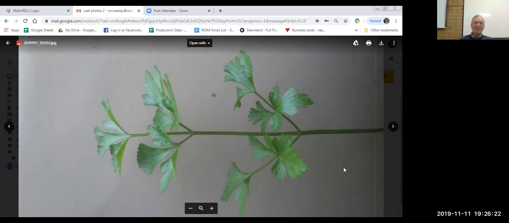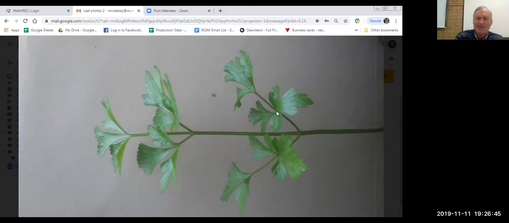So each of what would be a leaflet actually has 3 leaflets on it. You see that? This is the petiole here on the right. This is a branch off of the petiole. And this here is a little leaflet off of that branch. This is another one off of that branch, and here's a third one.